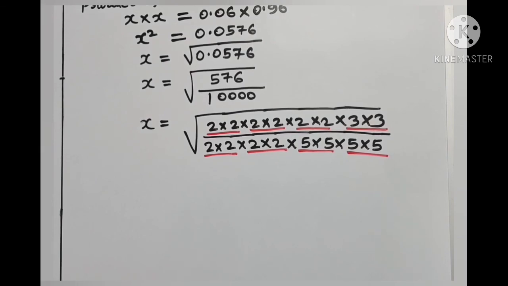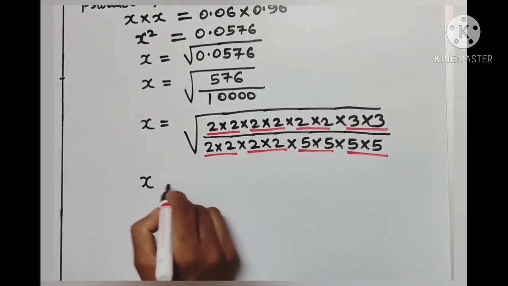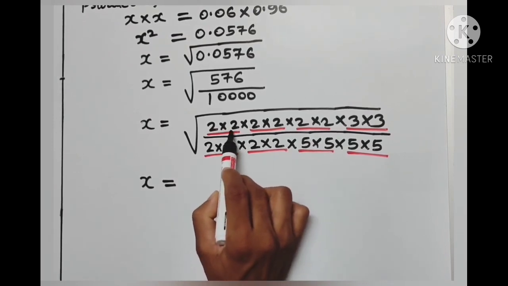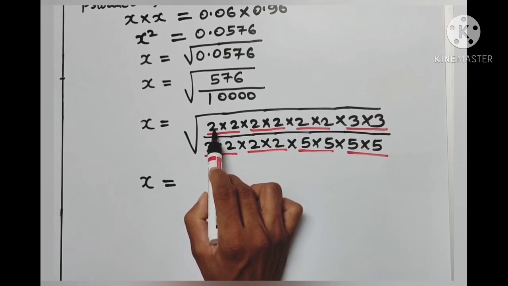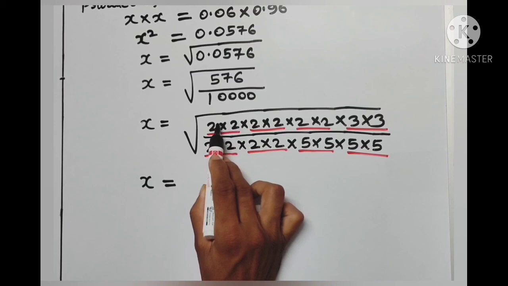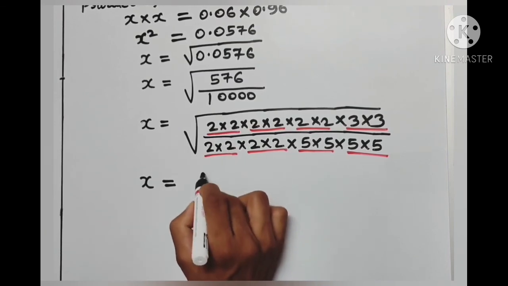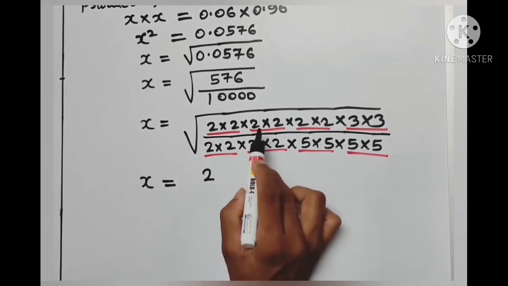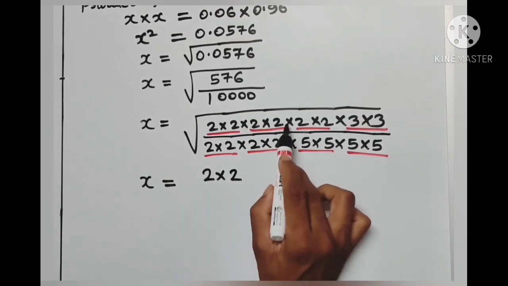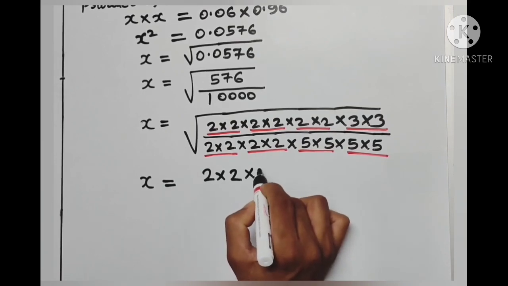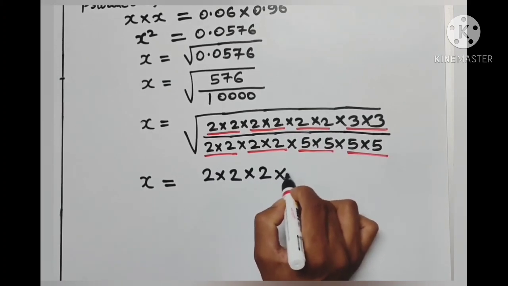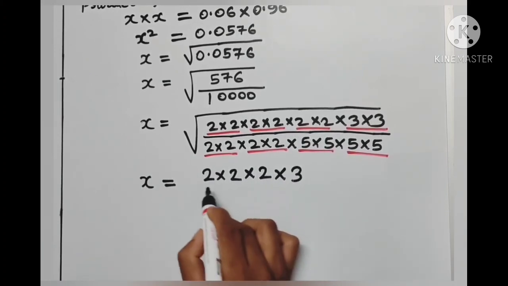So in the next step, what am I going to write? For each pair, I am going to write the prime factor only one time. So for this pair, I am going to write this number 2 only one time, into, for this pair only one time, that is 2, and for this also we have to write 2, and for this pair I am going to write 3 only one time.